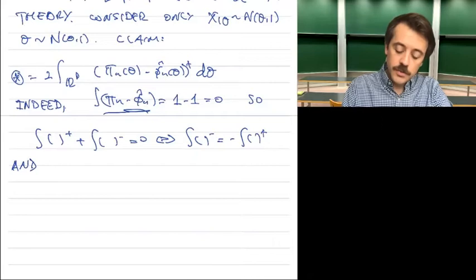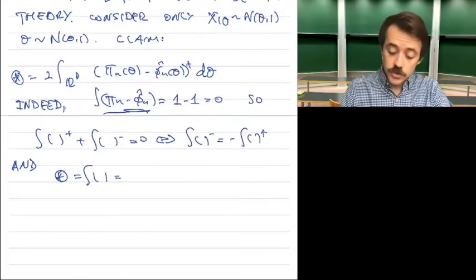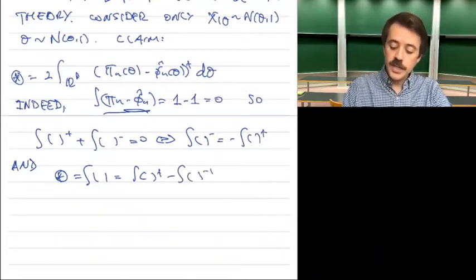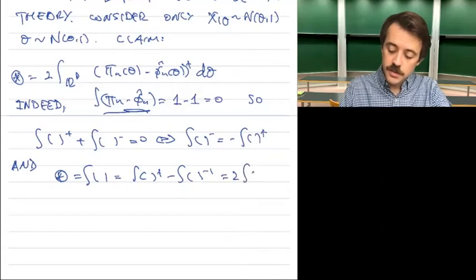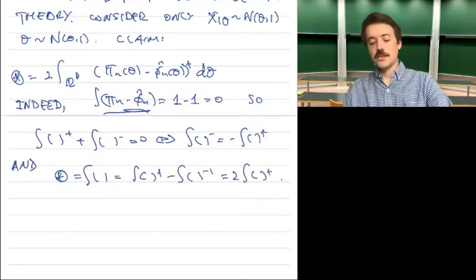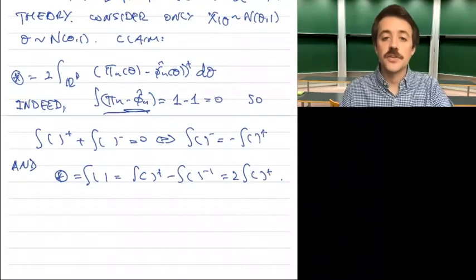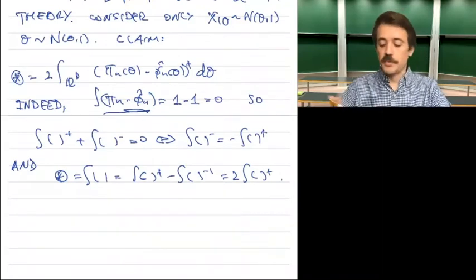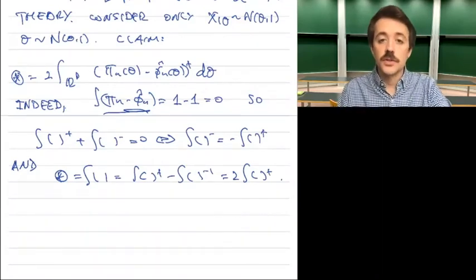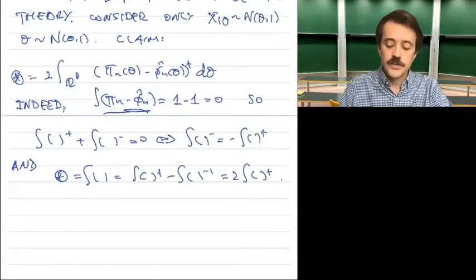Then star, the absolute value, is just the positive part minus the negative part, and what we're left with is 2 times the positive part. It's just a trivial arithmetic calculation.